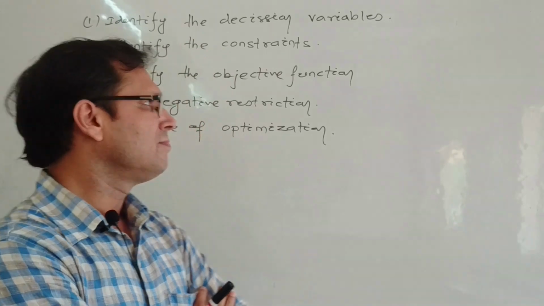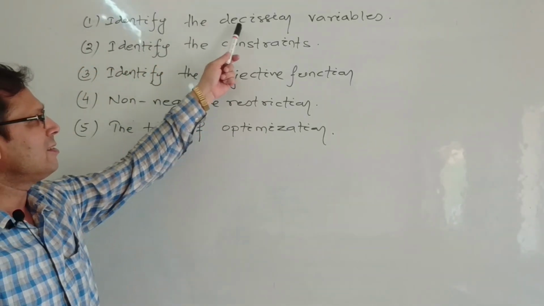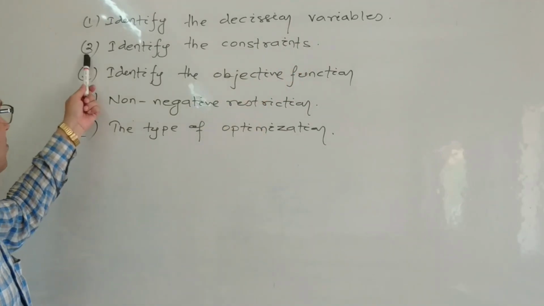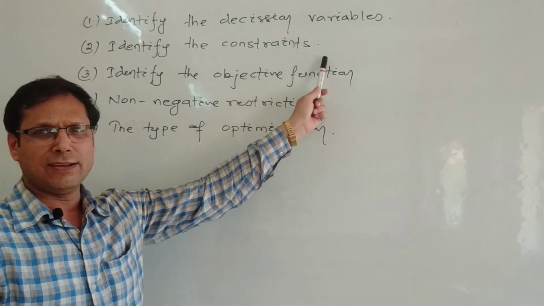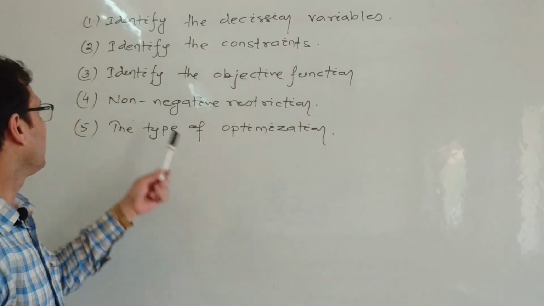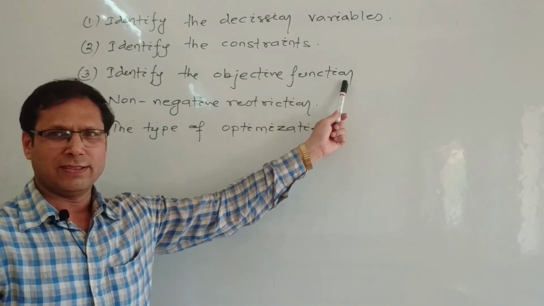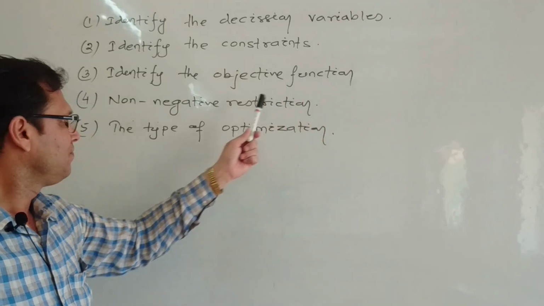You see, in the first step, first you have to identify the decision variables. In the second step, identify the constraint, that is linear inequation, or it may be equation. In the third step, identify the objective function, that is Z, it may be maximum or minimum.